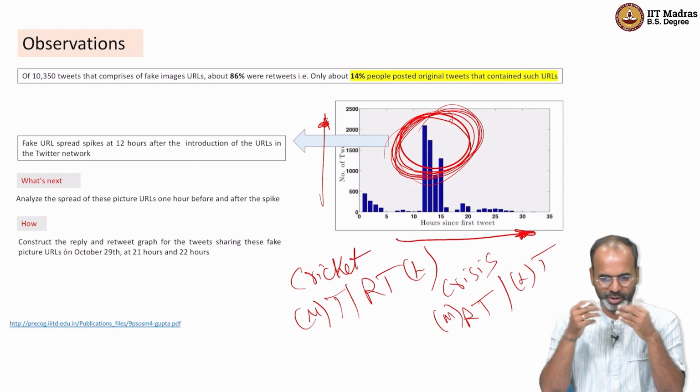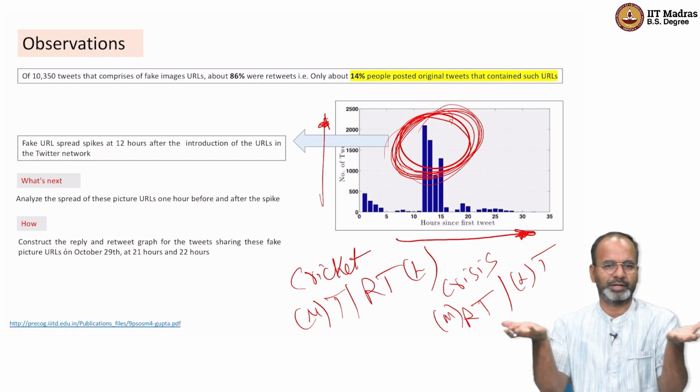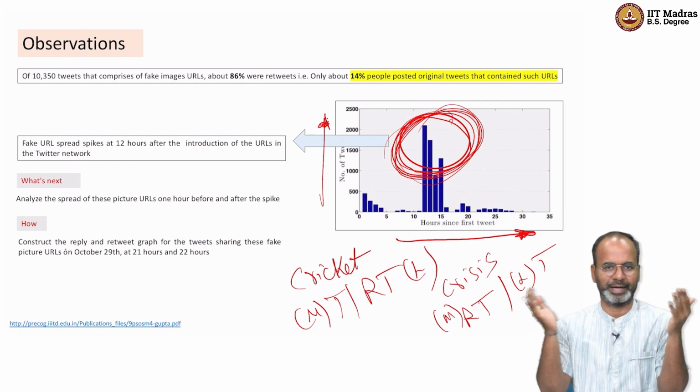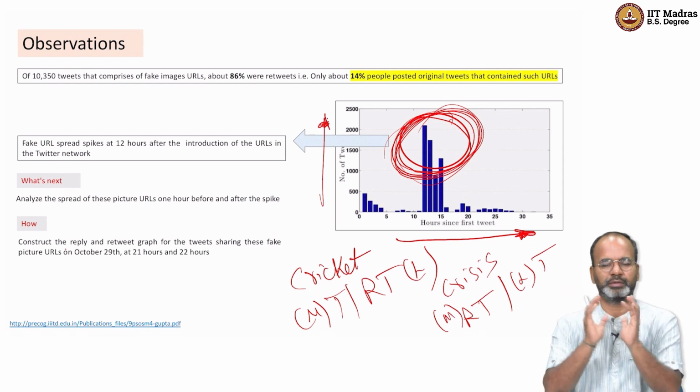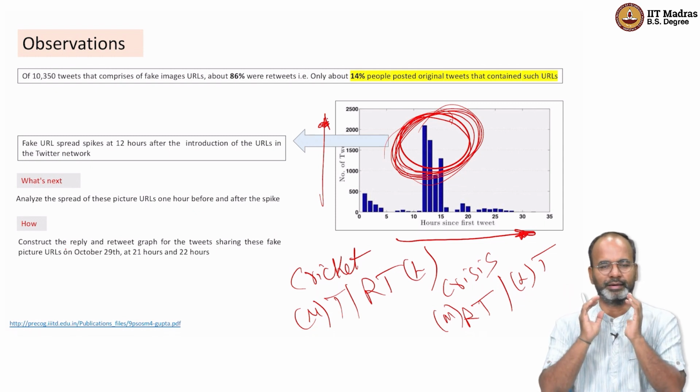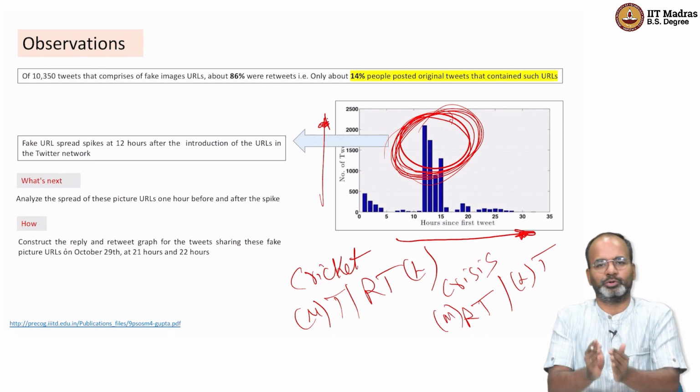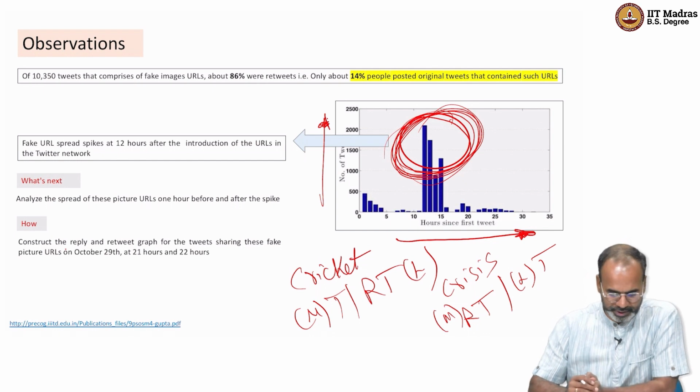So the question they were studying was, these images are posted, these URLs are images. Can we study what's happening before and after some point, so that we know here is a handle that we should be careful about when the content is getting spread?